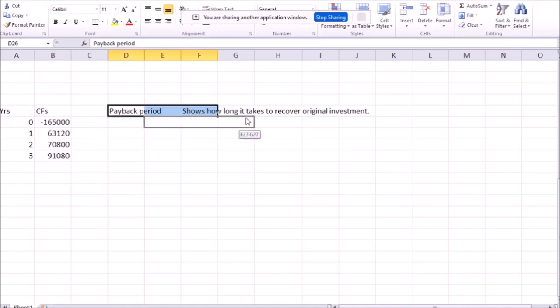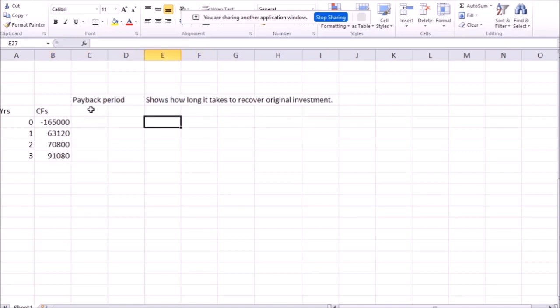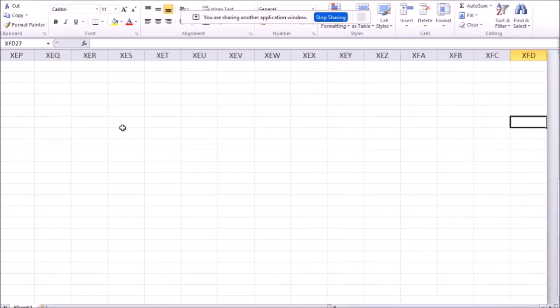So to calculate the payback period, we want to have these 2 columns and we want to have a third column. Let me call it left to recover. This column is going to show me how much money is still left to recover after a given number of years, right? At the beginning, when I spent my $165,000, I still have $165,000 to recover.